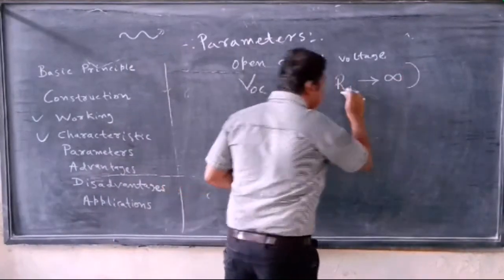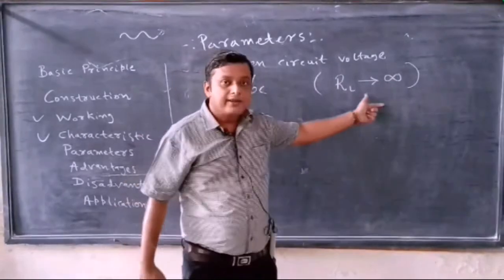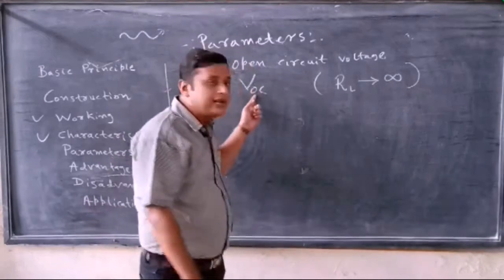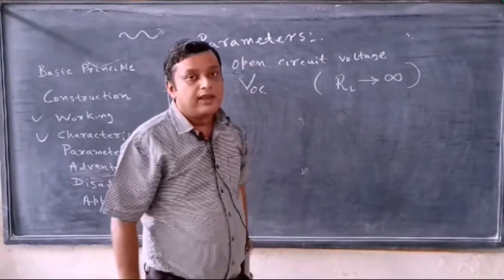So whenever load resistance is infinite, the voltage drop across the solar cell is represented by open circuit voltage.